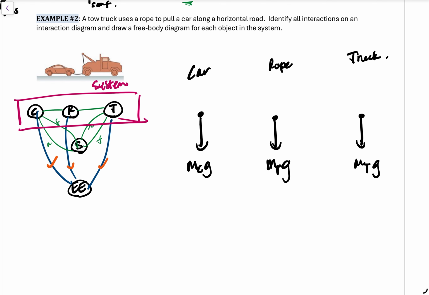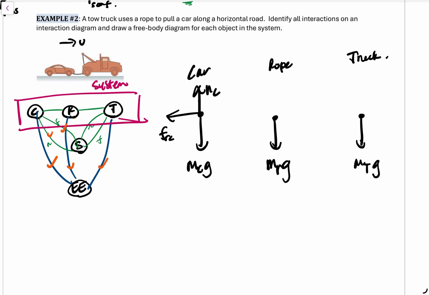If we think about those interaction forces between the car and the surface, we'll have a normal and a friction. If the whole thing is moving this way, then we're going to have some rolling friction on the car that is opposing that motion. So we're going to have that force that way. Okay, so that takes care of these two.